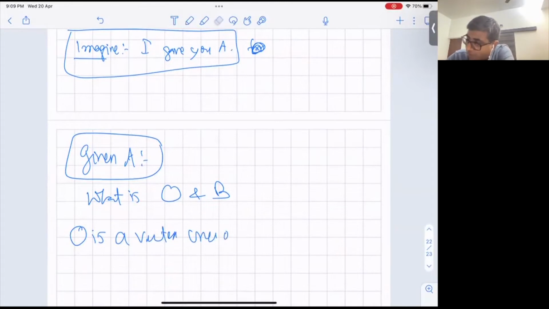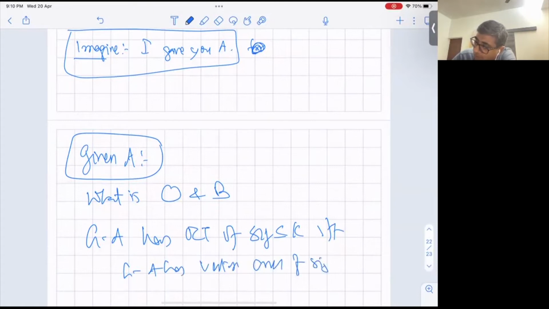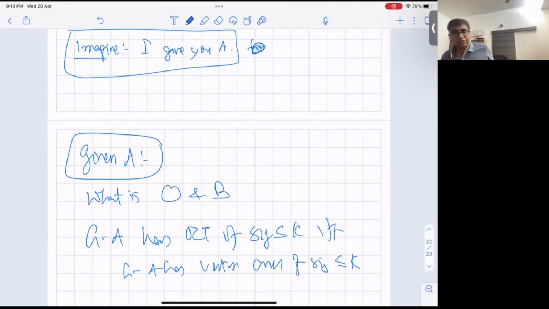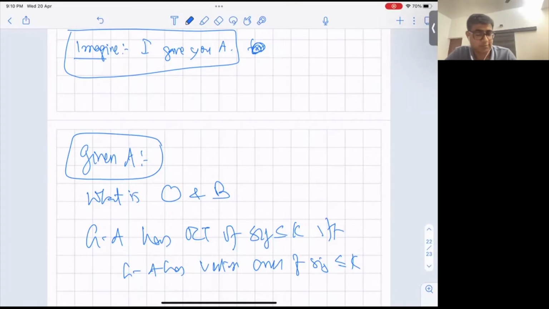Let's say I will say the following: G minus A has an OCT of size at most K if and only if G minus A has a vertex cover of size at most K. It should be G, not G minus A in the first line. No, I mean G minus A, because I gave you A. If I did not give you A, then you can't do this. Is that fine?